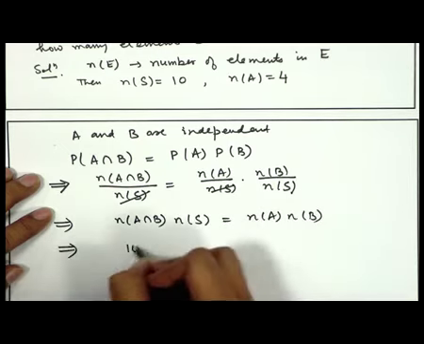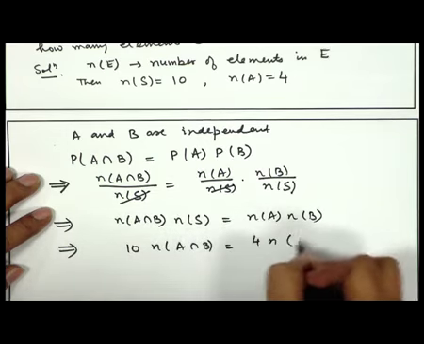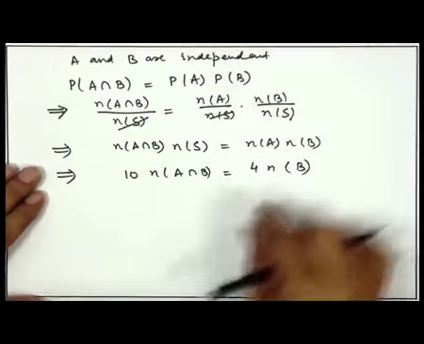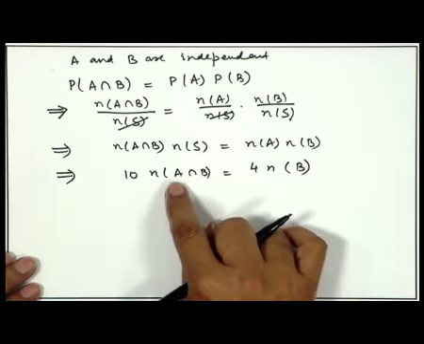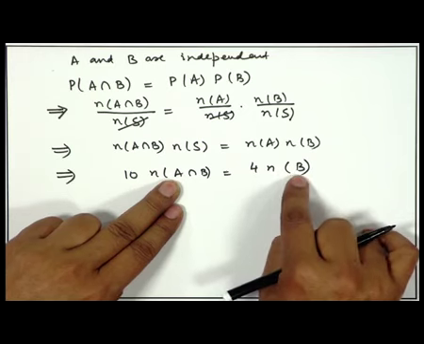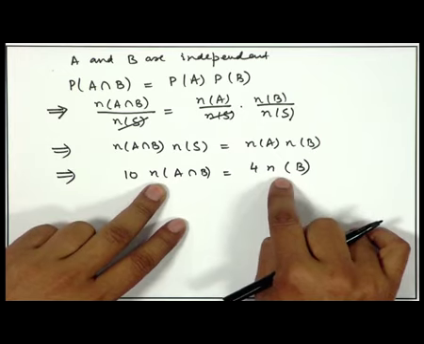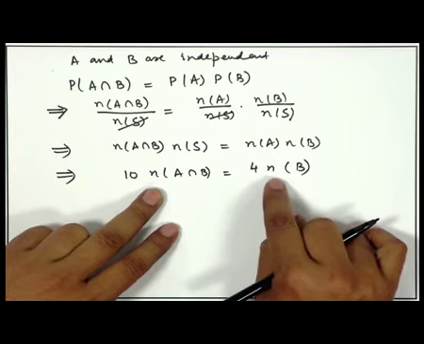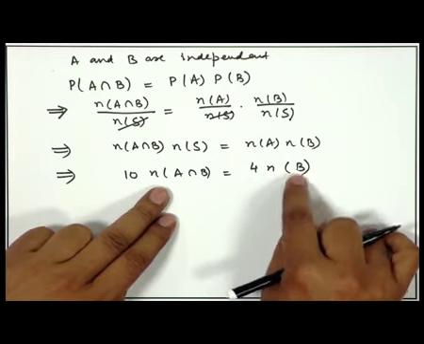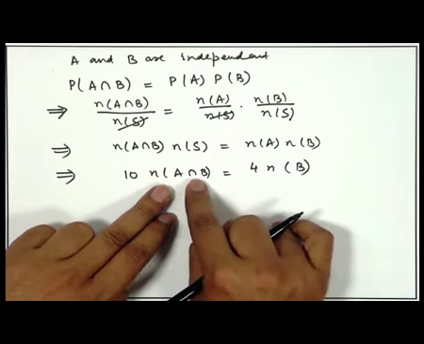Now, n of S is 10, this is 4. So, if I take n of A intersection B to be 2 and n of B to be 5, then the two sides are equal. Similarly, if I take n of B equal to 10 itself, that means all elements are there, then n of A intersection B will become 4 because A has 4 elements.